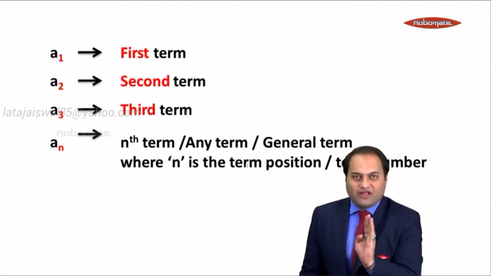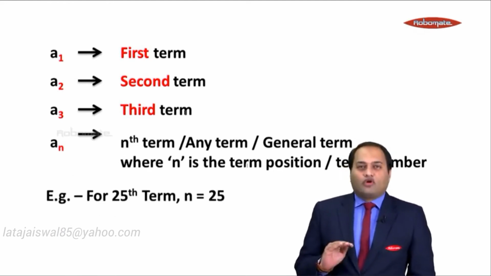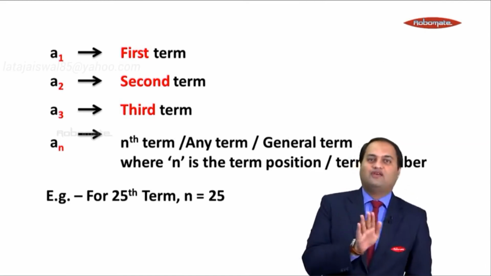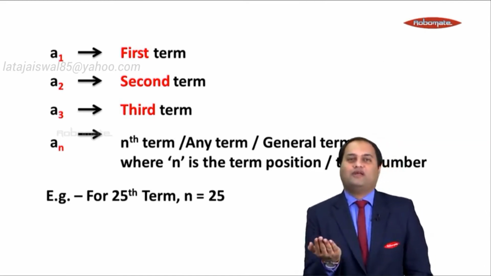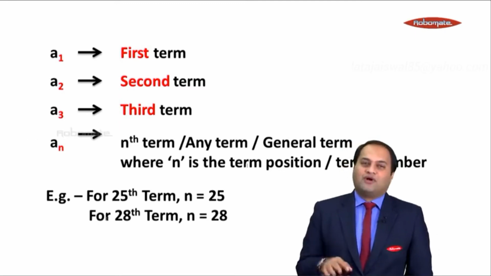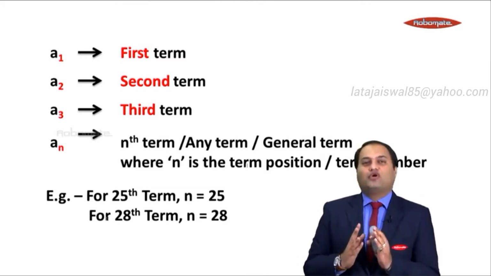Is this concept very, very clear? For example, for the 25th term, n is equal to 25, and it becomes the 25th term. Clear? For the 28th term, n will be equal to 28. So that is what AN is all about.